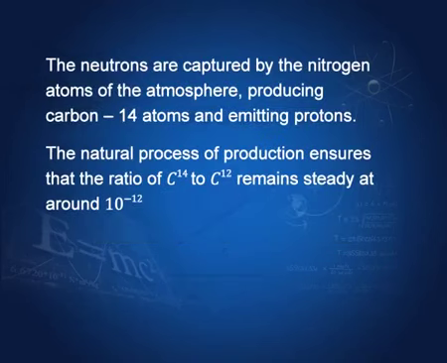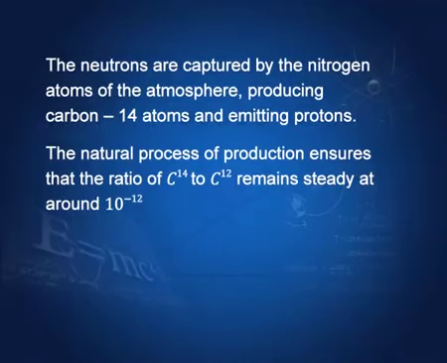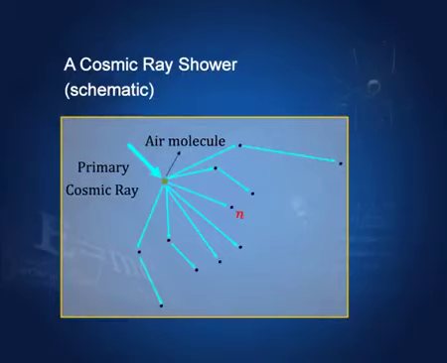And the natural process of production of carbon 14 ensures that the ratio of carbon 14 to carbon 12 remains steady at around 10^-12. I told you the abundance of carbon 14 is about 10^-12 compared with the abundance of carbon 12.